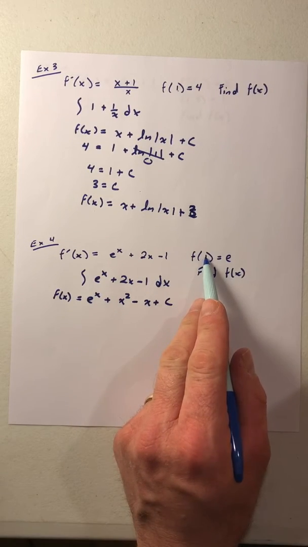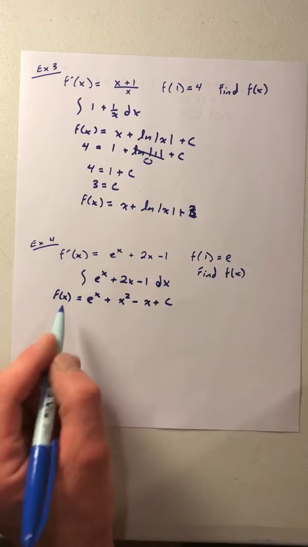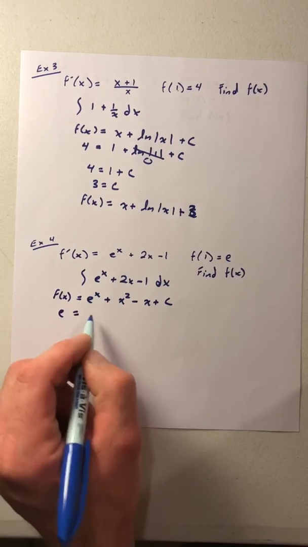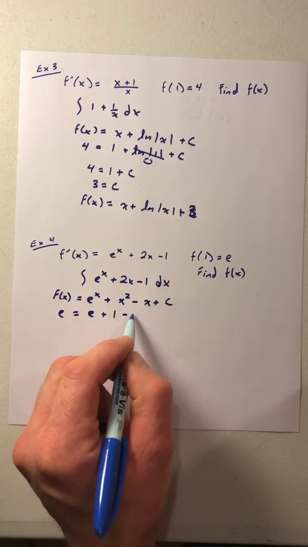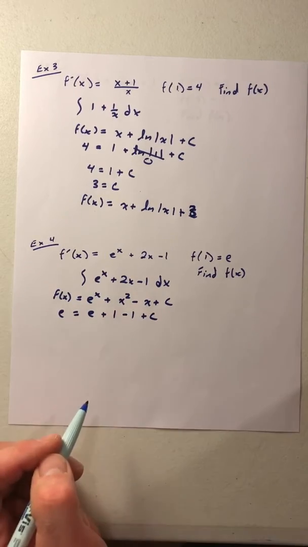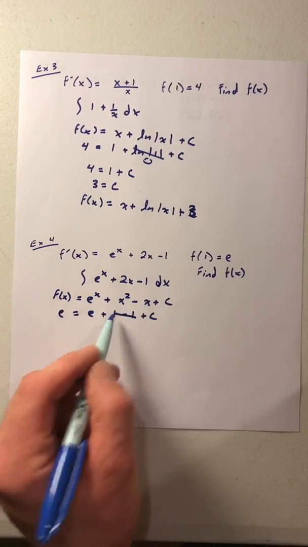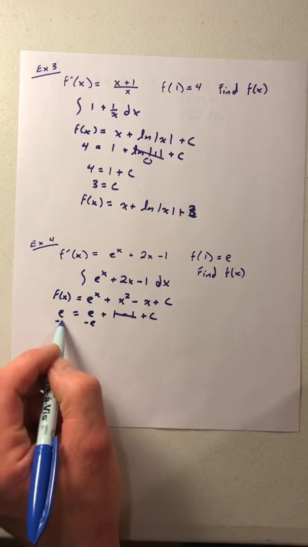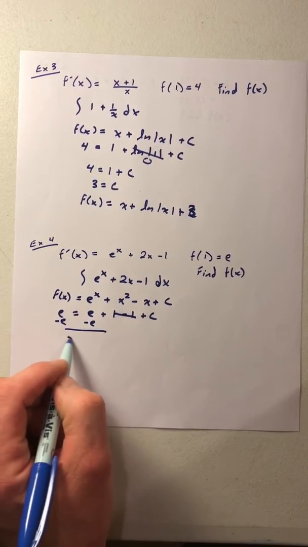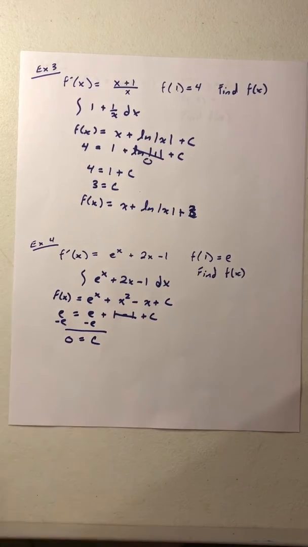Now as I plug in 1 for my x values, I get e out. So I have e equals e to the first, which is just e, plus 1 minus 1 plus c. My 1's will cancel. So I have e equals e plus c. If I subtract e from both sides, I end up with 0 equals c.